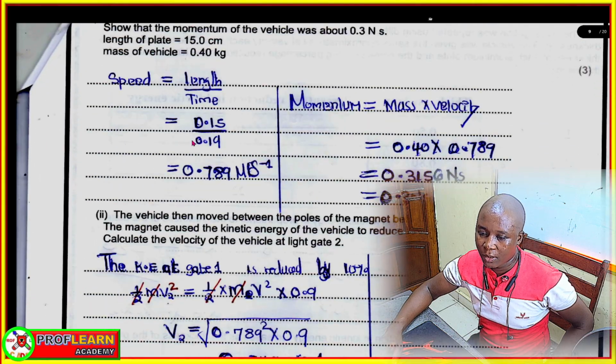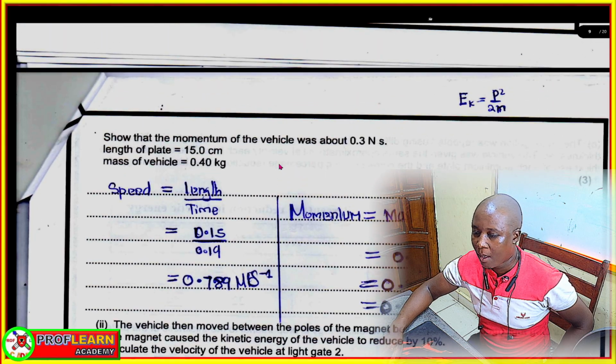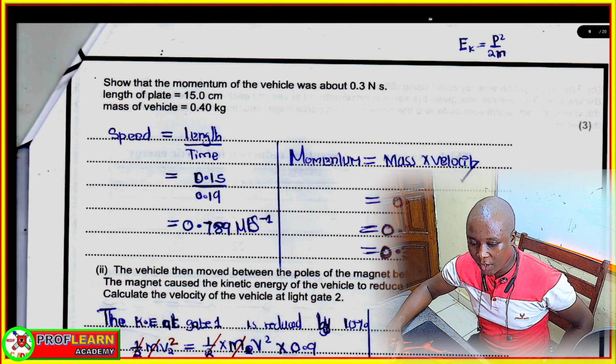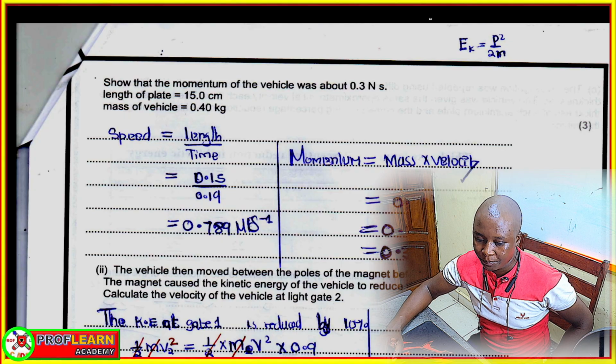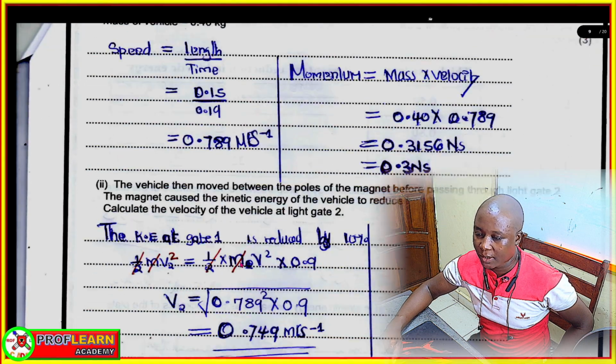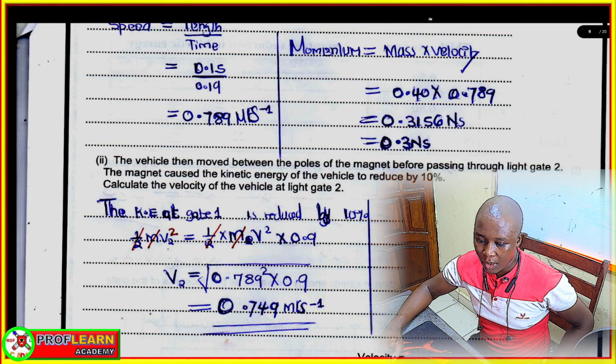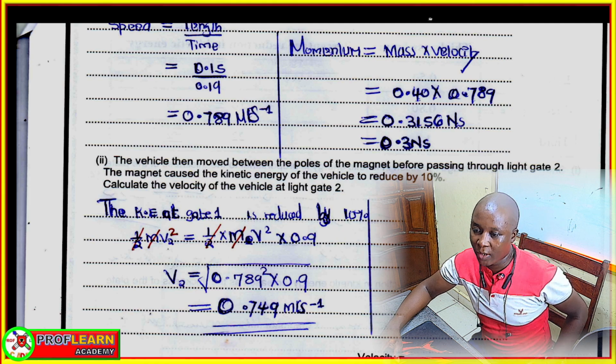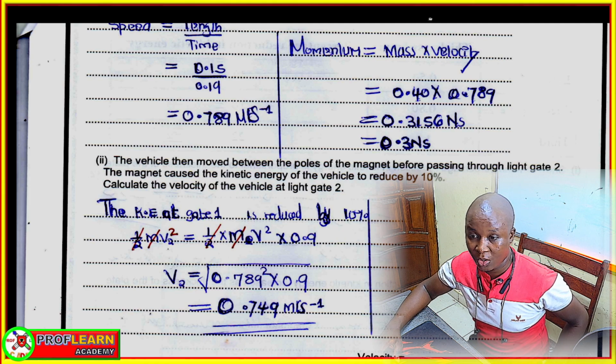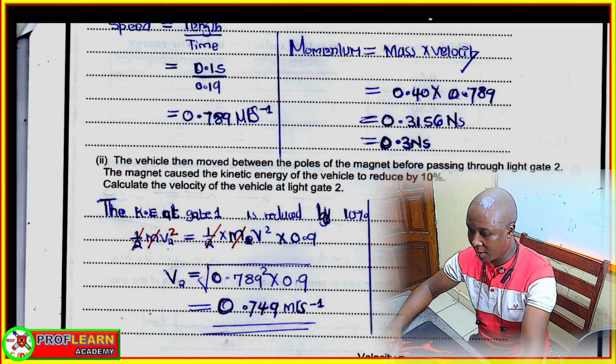So this is going to be 0.789 meters per second. But momentum is given by the formula momentum equals mass times velocity, which means if you do the calculations at that point, you're going to have your value as 0.3156 Newton seconds, which is approximately 0.3 Newton seconds as it was given.